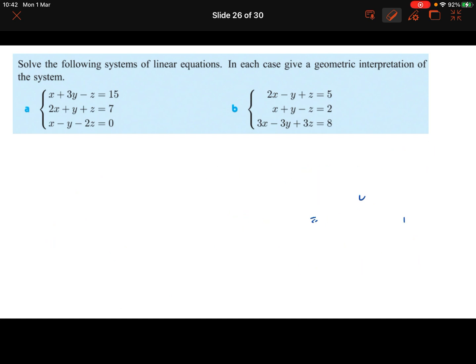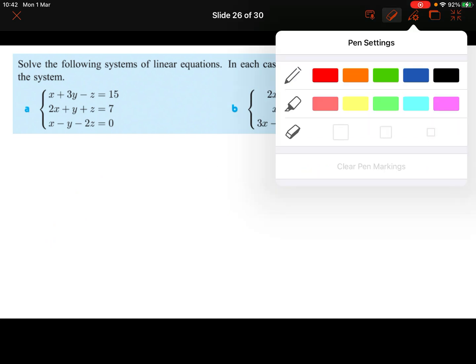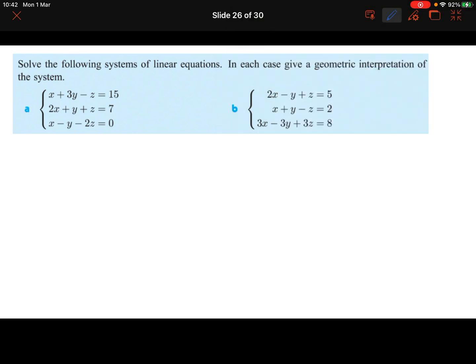Now, let's have a look at B. Again, let's check whether we've got any parallelness to these three planes. So I've got 2, minus 1, 1. I've got 1, 1, minus 1. And I've got 3, minus 3, 3.